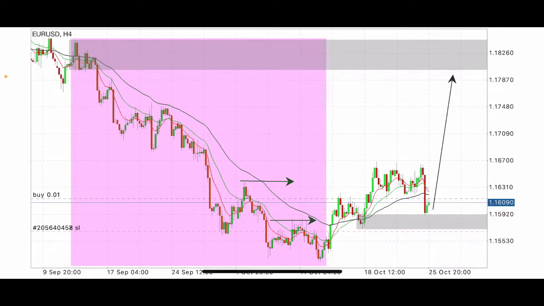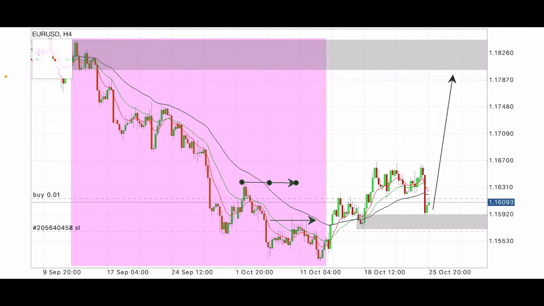In an uptrend, price will move in the form of higher highs and higher lows, right? For example, here, this is a higher low, higher high, higher high, and now we're expecting a higher low, right?